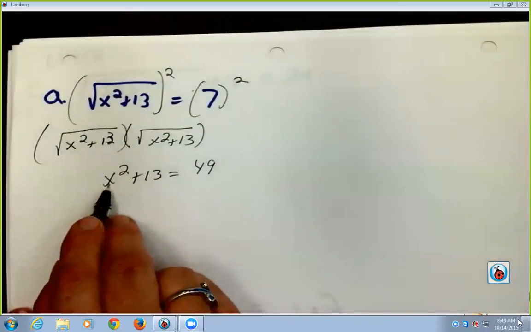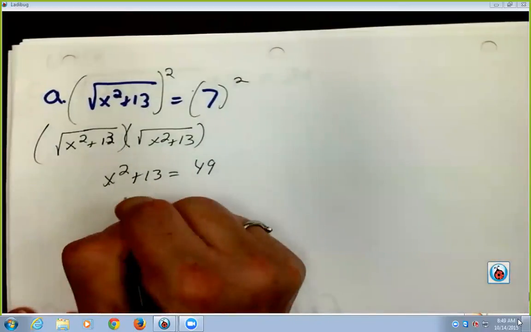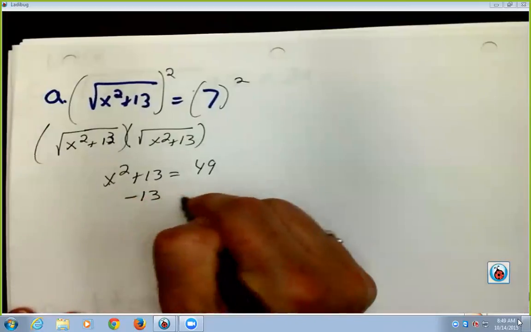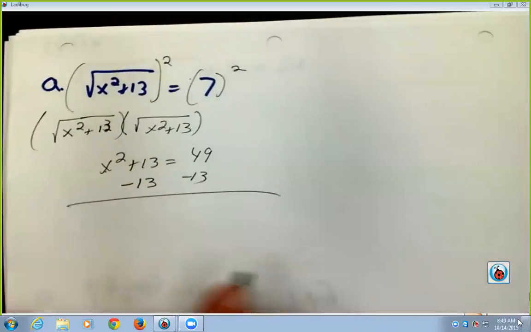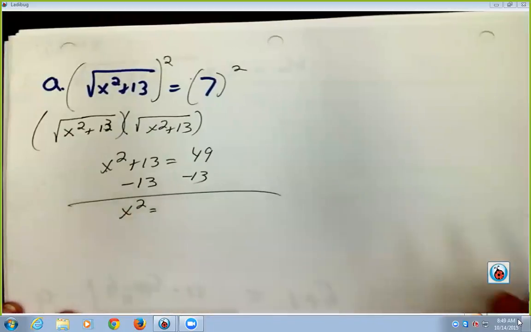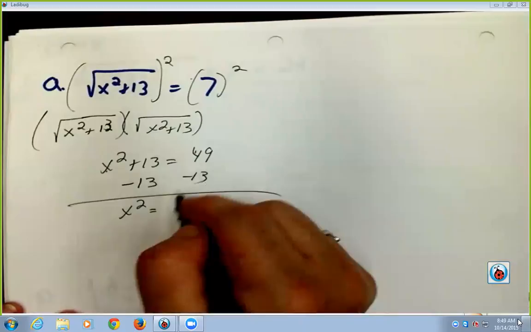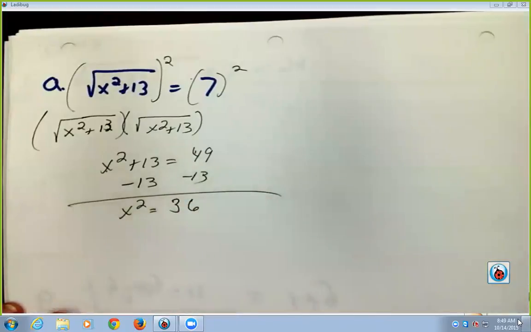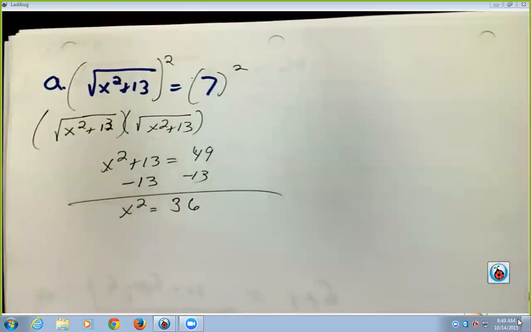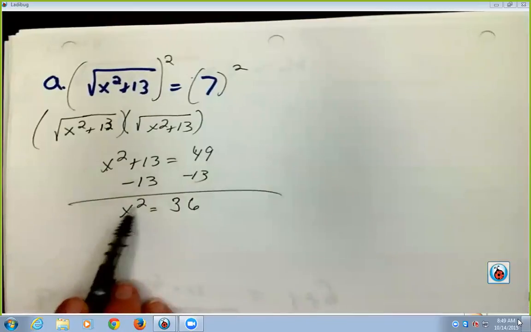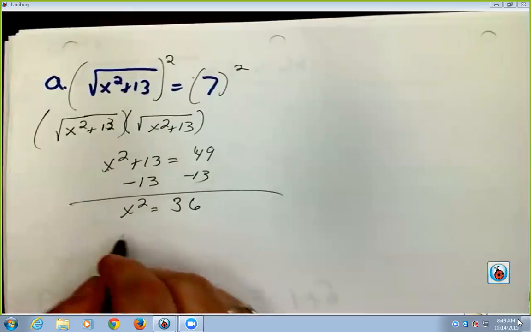Then to get x, I've got to solve this, so I can subtract 13 from both sides. So I end up with x squared is equal to 49 minus 13, which is 36. And because this is squared over here, I can move the 36 over.